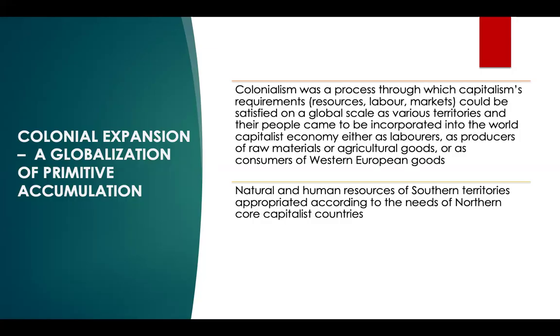Some examples of primitive accumulation in the 21st century: from land enclosures to corporate land grabs, from slavery to sweatshops and precarious labor, from colonial plunder to debt-driven extraction, from raw materials exploitation to digital and data colonialism. So those are primitive accumulation in our time.